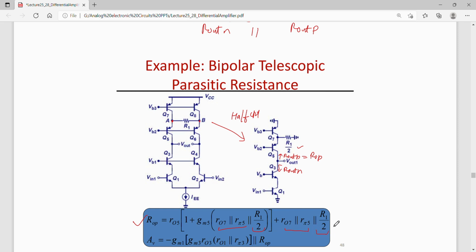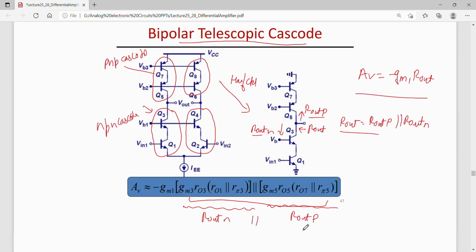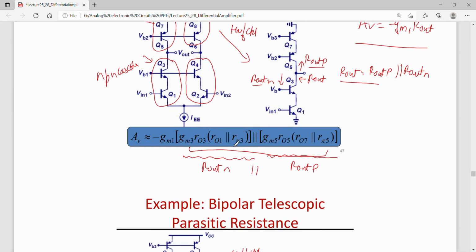That is, the output impedance of the PNP cascode is modified. Now it is this much. Okay. And the output impedance of the NPN cascode remains the same, which is this much. Okay. Now the gain will be again minus GM1 times R out N parallel to the modified R out P.